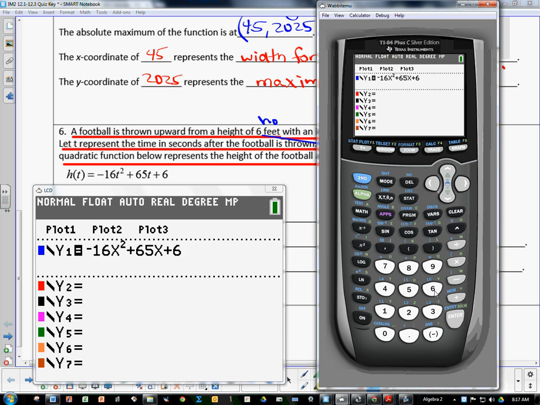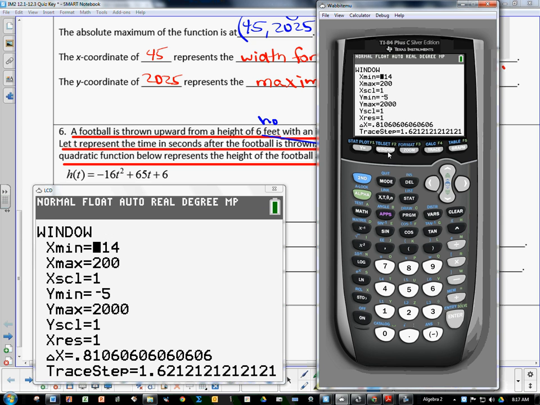All right. Let's just come up with a reasonable window. Now, I kind of know what to plug in here, but help me out a little bit. Let's think of, you're throwing a football in here. So let's think about what your variables here represent. Your independent variable is t. And that would be what again? What does that represent?